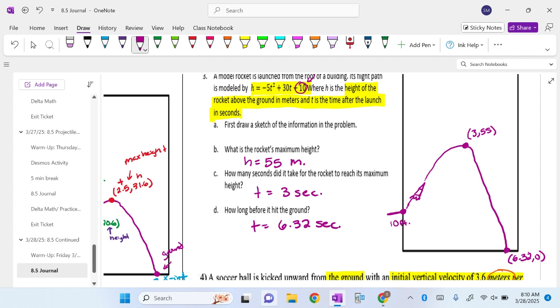All right, Olivia, what did you get for the rocket's maximum height? Did everyone else get 15? Check your graph. So Michael, help her out. What'd you get?